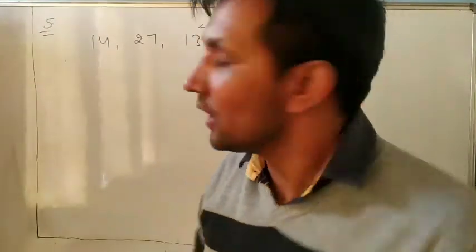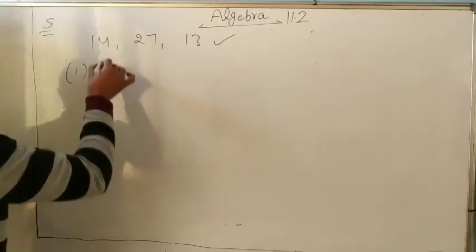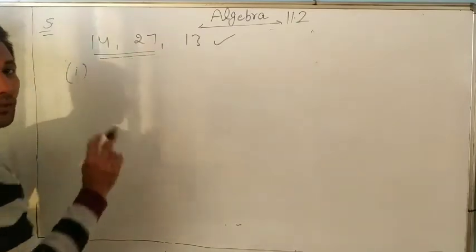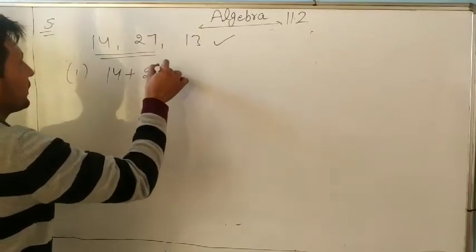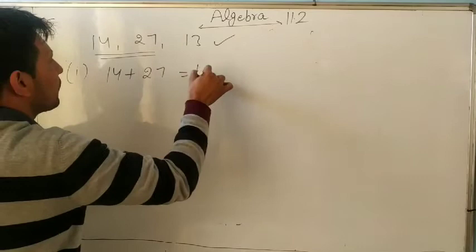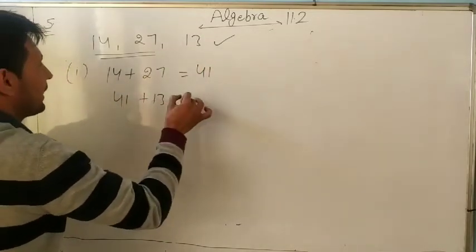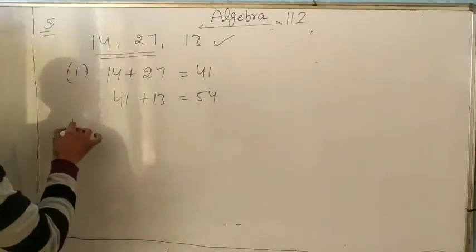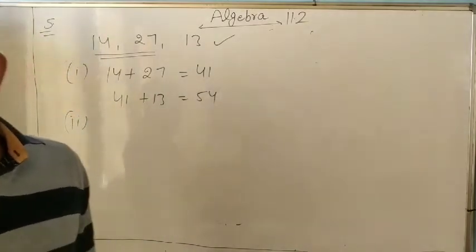What are the 2 ways? First way, as given in the question, is that we first add the first 2 numbers. 14 plus 27 equals 41, and then we add 41 plus 13. How much? 54.